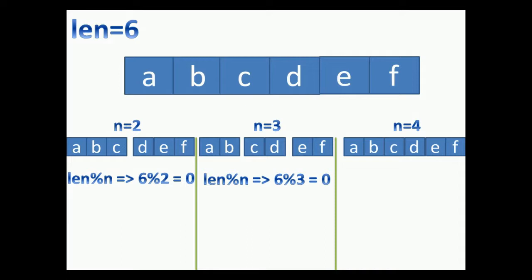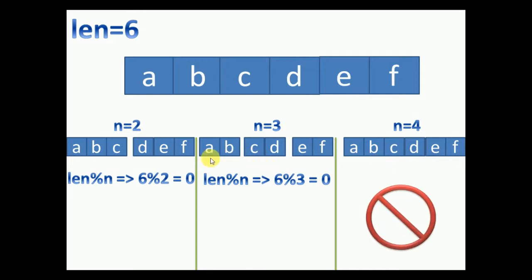If this is equal to 0, then we can say that our string length is divisible by that particular number. So if we get the output as 0, our string can be split into equal parts. As you can see here, the number is 4, and you can easily say this string cannot be split into 4 equal parts. So this is not possible.